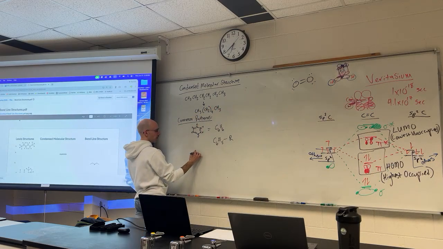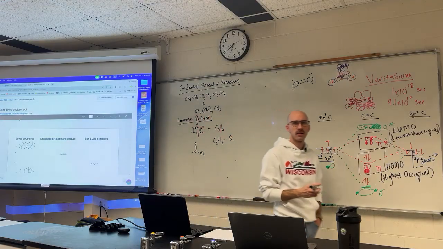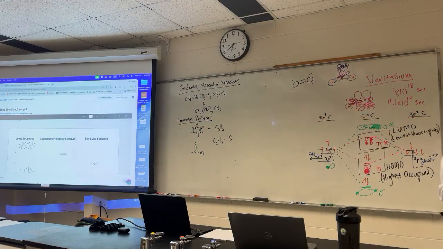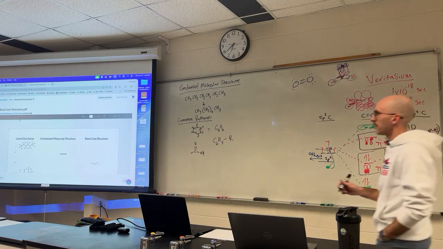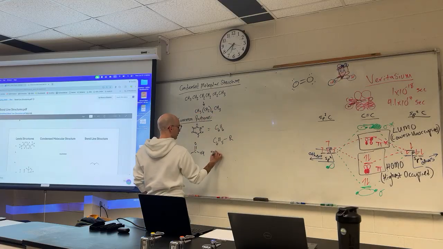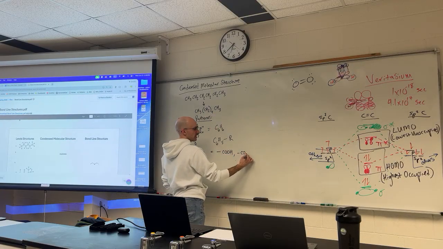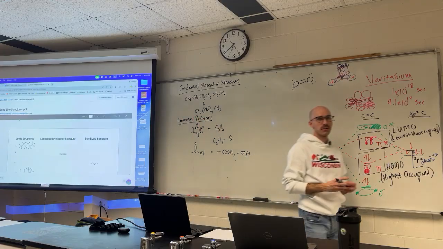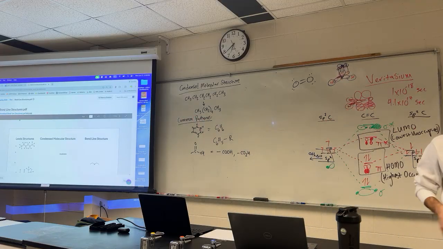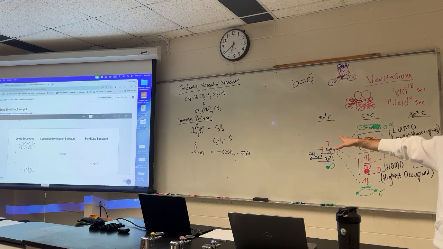If you have a carbon double bonded to an oxygen and also bonded to an OH group, this is often condensed as COOH or CO2H. We do the same thing when instead of a hydrogen attached to the oxygen, it's another carbon chain or another group of atoms.